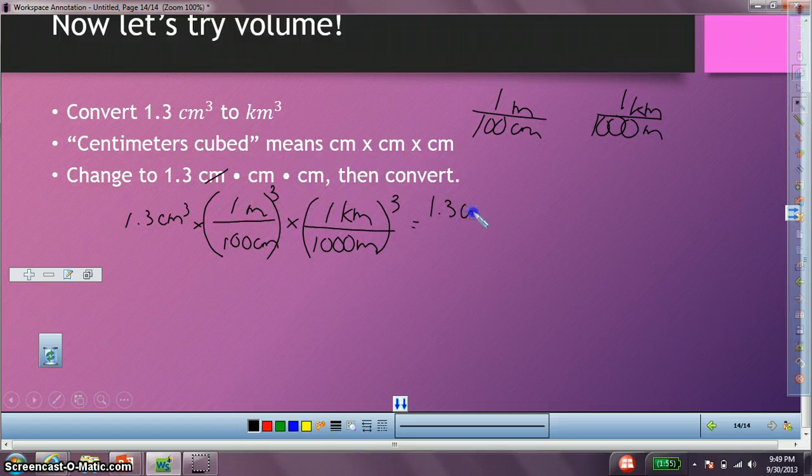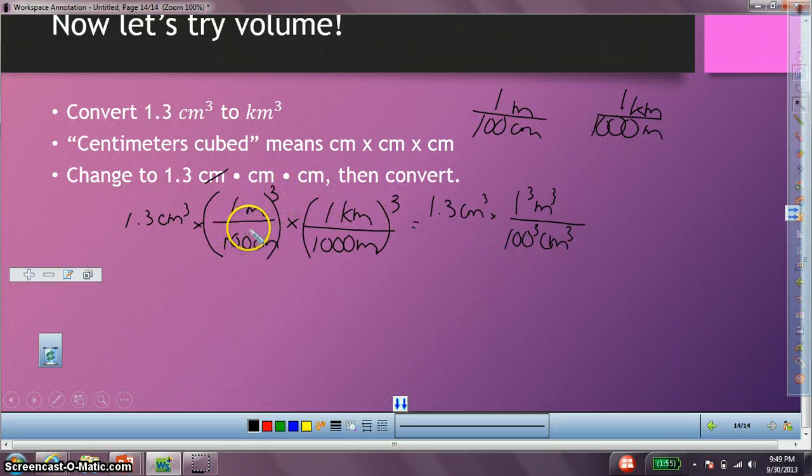1.3 centimeters cubed times 1 cubed meters cubed over 100 cubed centimeters cubed.